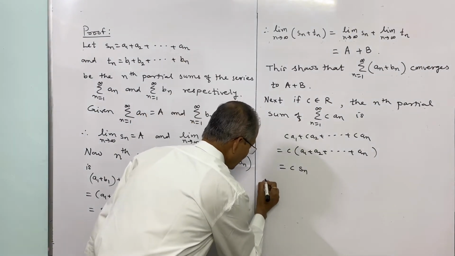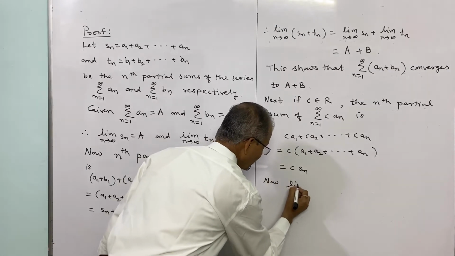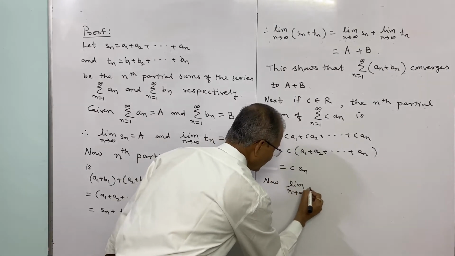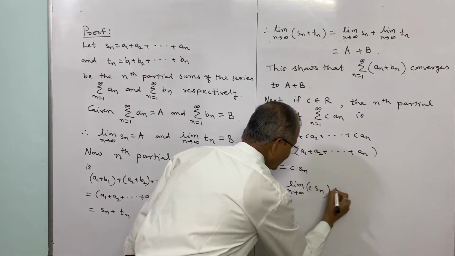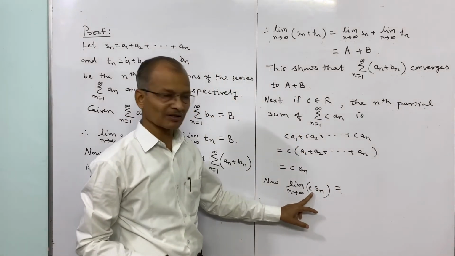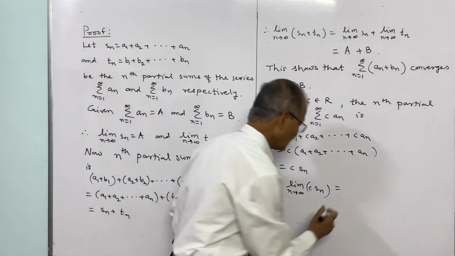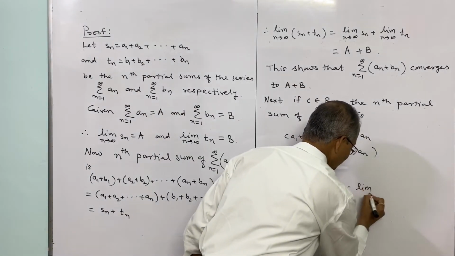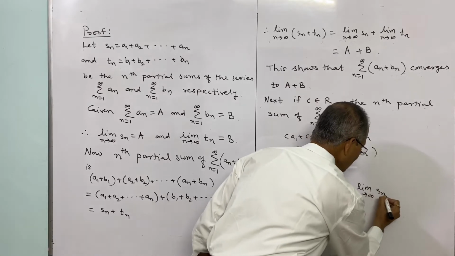Now the limit as n tends to infinity of C Sn. This is also a theorem from limits of sequences: C is a constant, so this is C times the limit of Sn. And what is the limit of Sn?